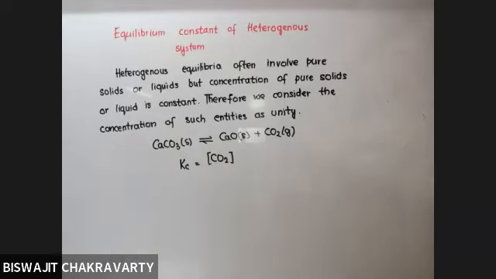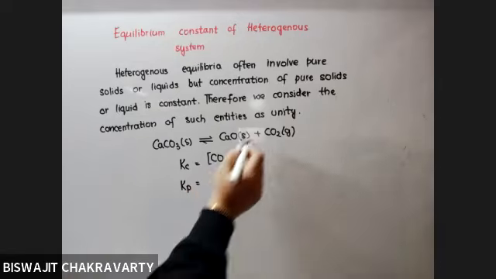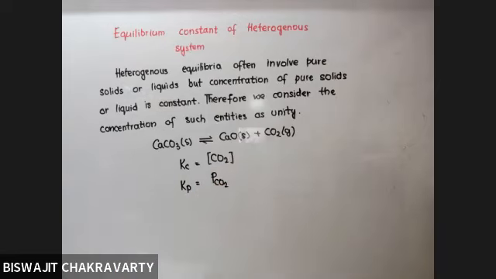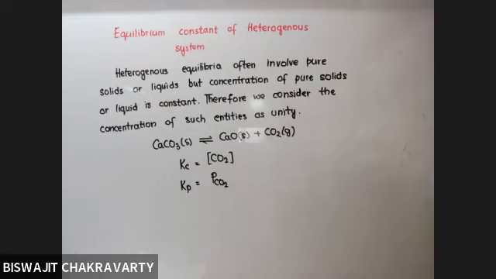We should not consider the other two because they are solids. Similarly for Kp, which is meant only for gases, it will be only the partial pressure of CO2, because partial pressures of solid entities do not make any sense. Understood? Yes, sir.